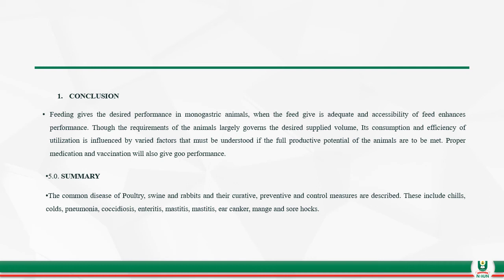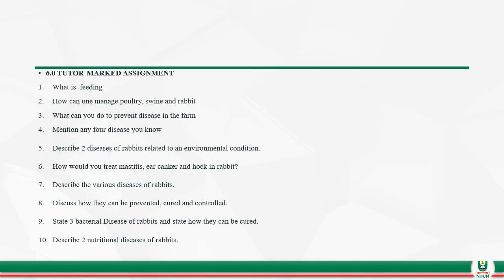Proper medication and vaccination will also give good performance, especially in poultry. The common diseases of poultry, swine, and rabbits and their curative and preventive measures are described as a way of summary. These include chills, colds, pneumonia, coccidiosis, enteritis, mastitis, hair canker, mange, and sore hocks.